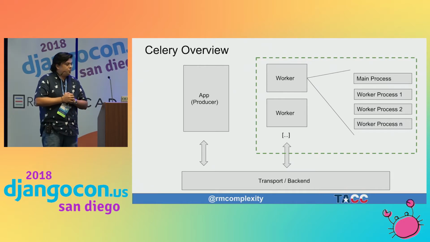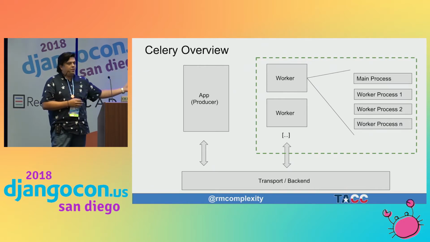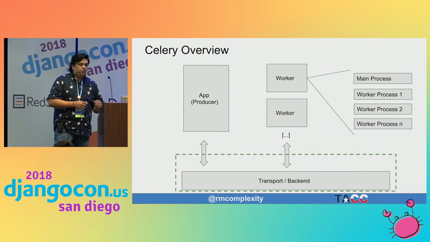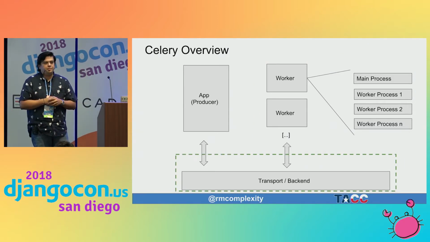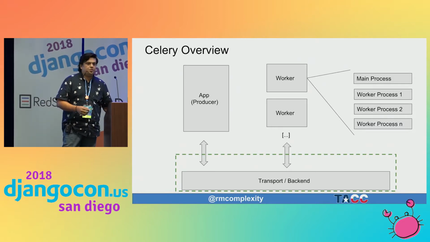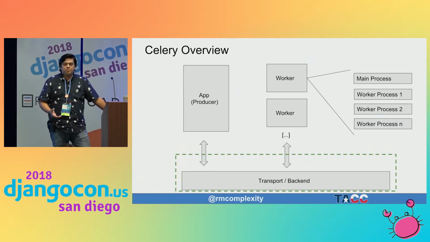Inside each one of these workers, we usually have a main process and then a number of other worker processes. This is how we can also run things concurrently. The way they communicate between themselves is using something called a transport, which is usually something like RabbitMQ, or we can also use Redis.